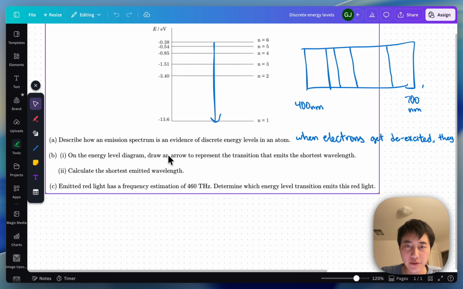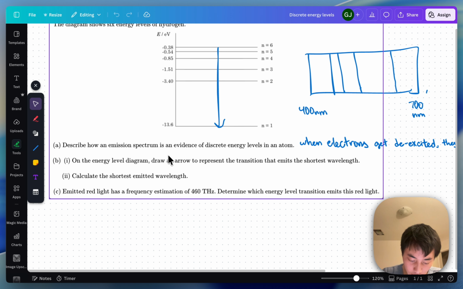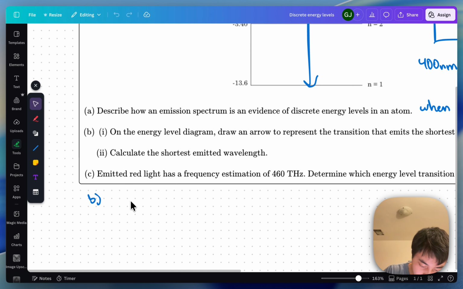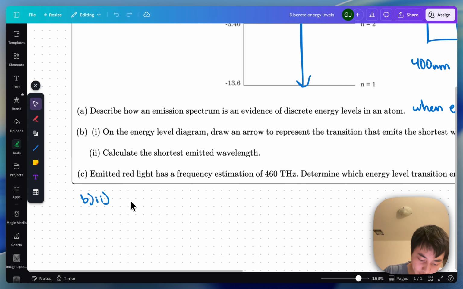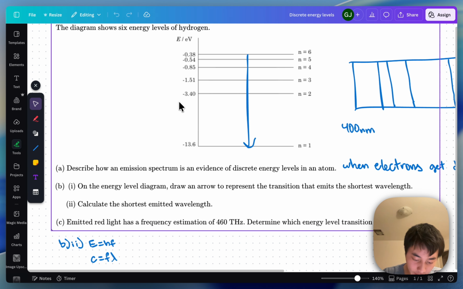Calculate the shortest emitted wavelength. Let's just do it down here. We need the necessary formulas, so E equals hf is definitely one, and c equals frequency times wavelength. Let's rearrange the second one.